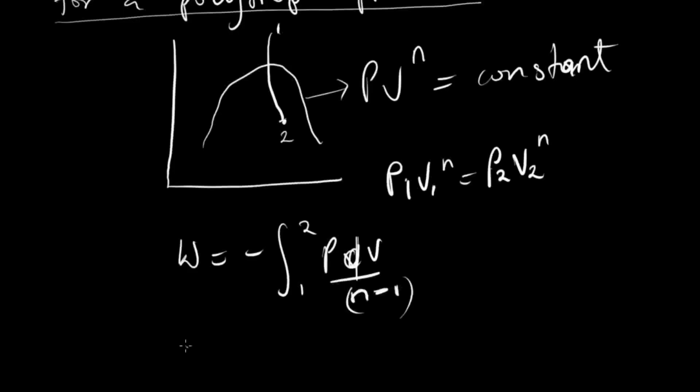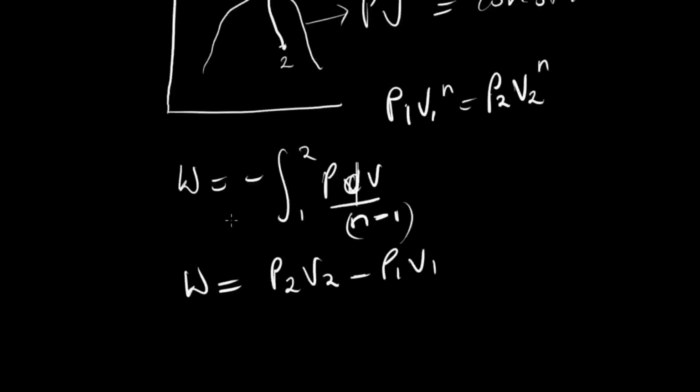So that's after the integration, we have that P2 V2 minus P1 V1, all over n minus 1.